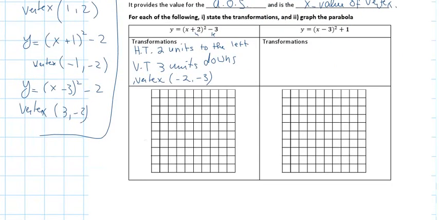Okay, what's my step pattern? 1, 3, and 5. It's not going to change. It's 1, 3, 5. Okay, negative 2, negative 3. I'm going to have to move this way.